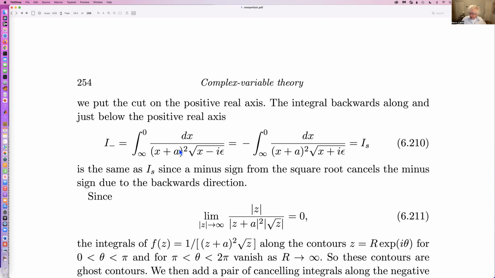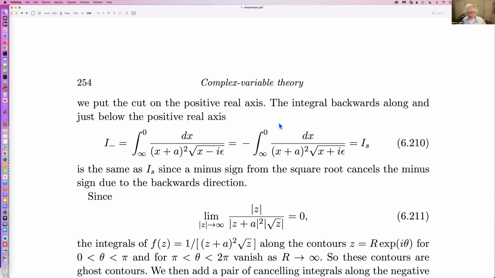All right, so what we're doing is we're defining here an integral where we're integrating dx from infinity to 0, but the z is just below the real axis. So z is x minus i epsilon.